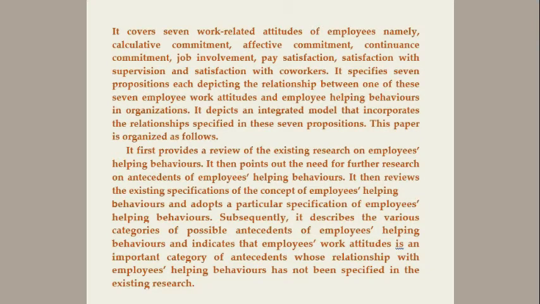It specifies 7 propositions, each depicting the relationship between one of these 7 employee work attitudes and employee helping behaviors in organizations. It depicts an integrated model that incorporates the relationship between the relationships specified in these 7 propositions.